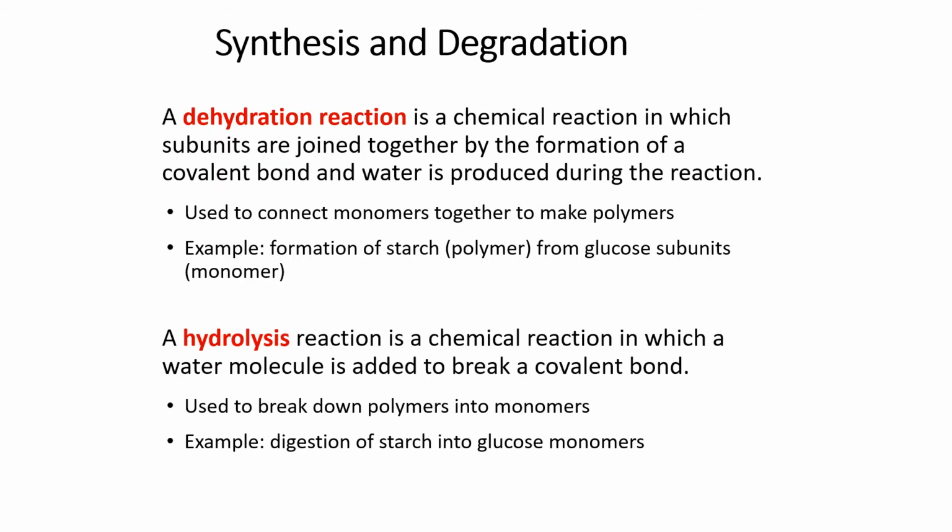Alright, so when we're taking single units, monomers, and we're transforming them into a chain, we use a certain reaction called dehydration synthesis reaction. So dehydration, when you add these units together, some water is freed up or removed.